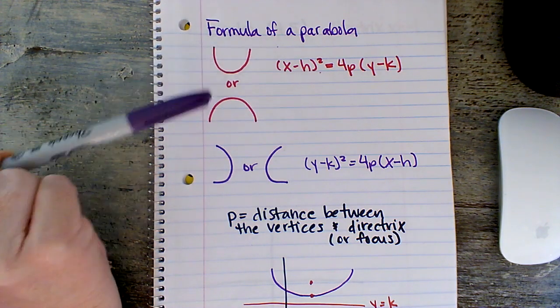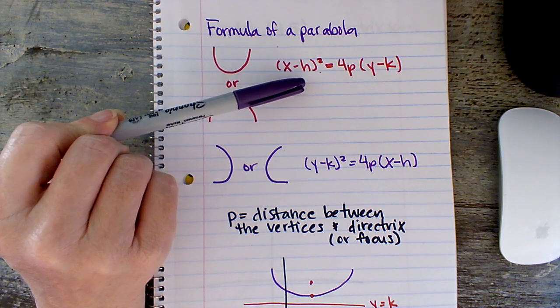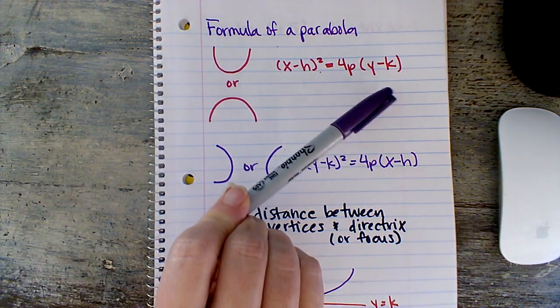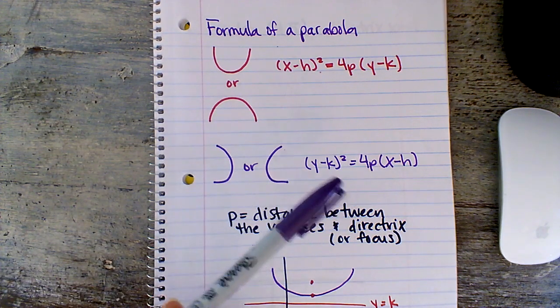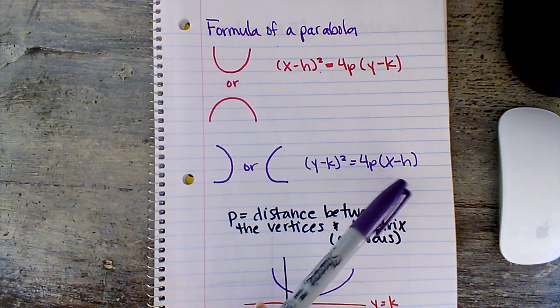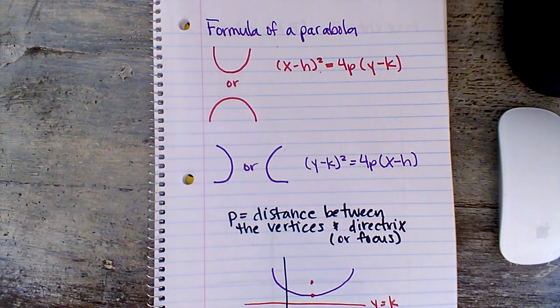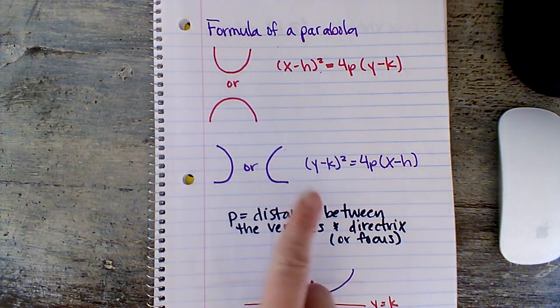If it's going up or down, you're going to start with the x minus h value first, and you're going to put the y minus k over here. If it's going left or right, you're going to put the y minus k over here and the x minus h over here.